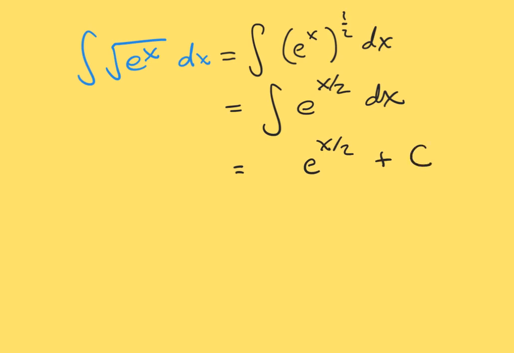And if we differentiate this, we would have e to the x over 2, as we would wish for, but from the chain rule we'd multiply by the derivative of x over 2, the argument of the exponential, and that derivative is a half. We don't have a half here, so we just have to write down a 2, which will mop up the half, and that is our result for this integral.